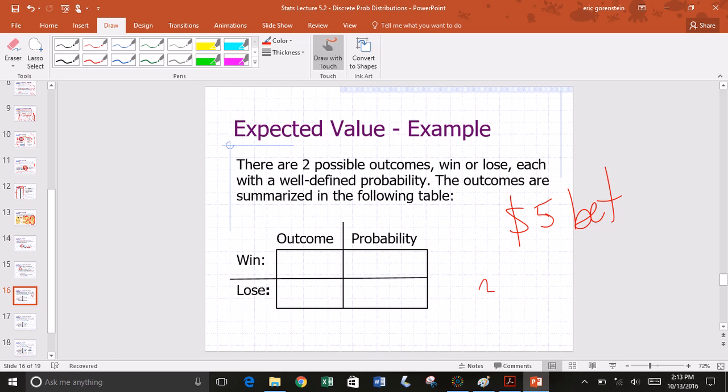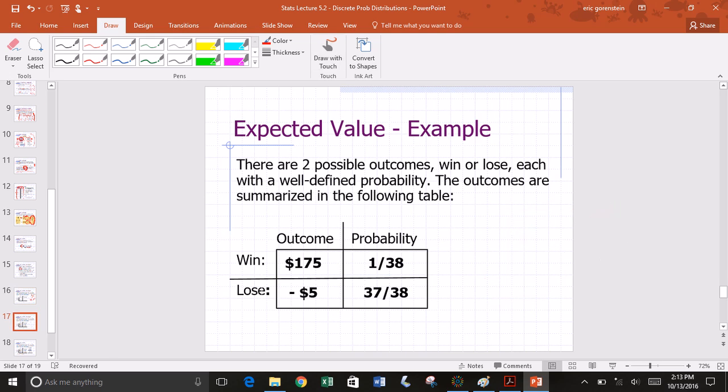So there are 38 possible outcomes. One of those outcomes is a win. The rest are a loss. So in our probability distribution, the probability of winning is 1 out of 38, and the probability of losing is 37 out of 38.